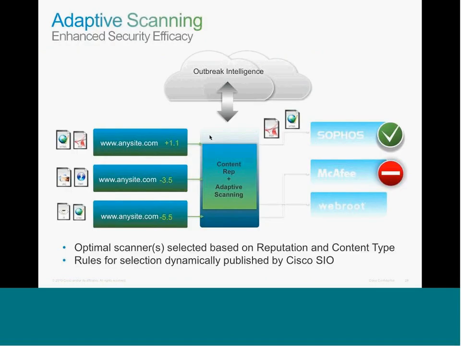Recently introduced on the web security appliance is adaptive scanning. So we can actually decide, or this is controlled again through SIO, which engine is best suited to given content. So take into account what kind of object it is, really. So something like a PDF from a site with a reputation of 1.1 might be best suited to the Sophos scanner, whereas, I don't know, a Flash object might be best suited to the WebRoot scanner.